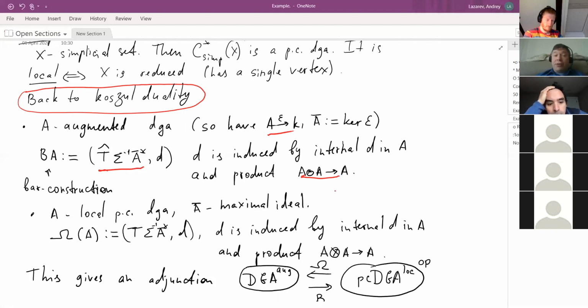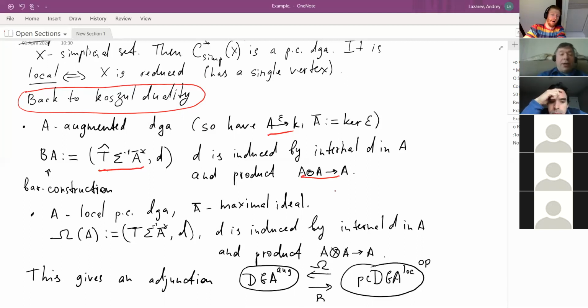What's the cobar construction? The cobar construction is a functor that produces a DGA out of a pseudo-compact DGA. Or, if you prefer, you can dualize and start with a coalgebra and construct this functor. So the construction is pretty much the same.